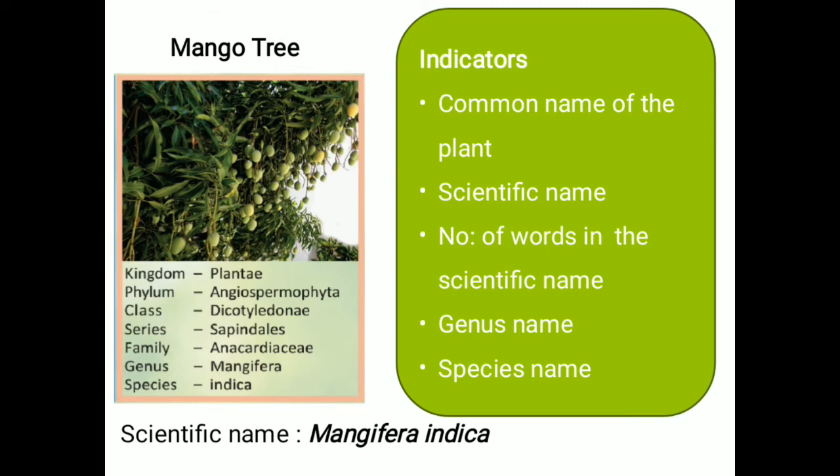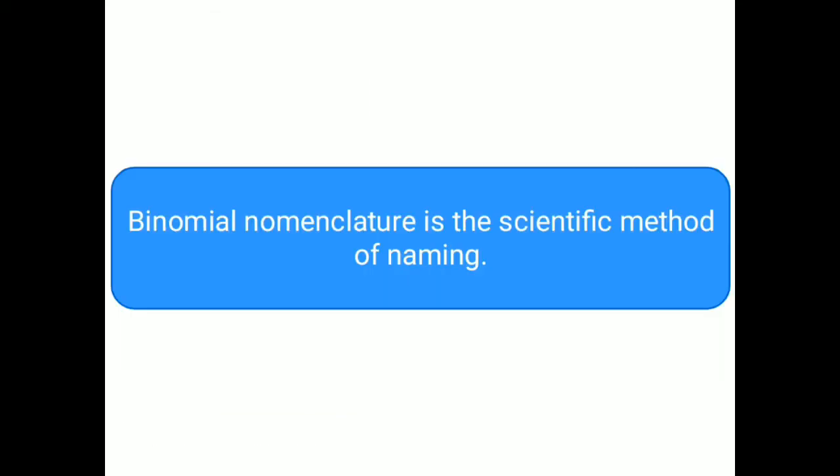According to binomial nomenclature, it is a scientific method of naming, and binomial means two names and nomenclature means naming.